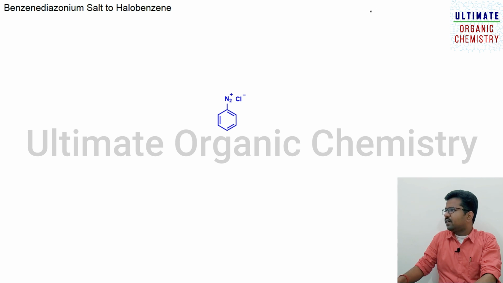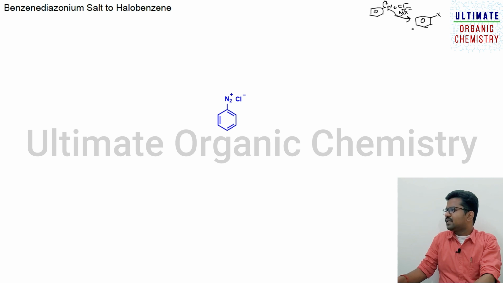If you have diazonium chloride like this and you treat it with a reagent called MX, where M is a metal, it will separate as M plus and X minus. This X minus attacks here and N2 leaves, so you will get benzene with a functional group X.